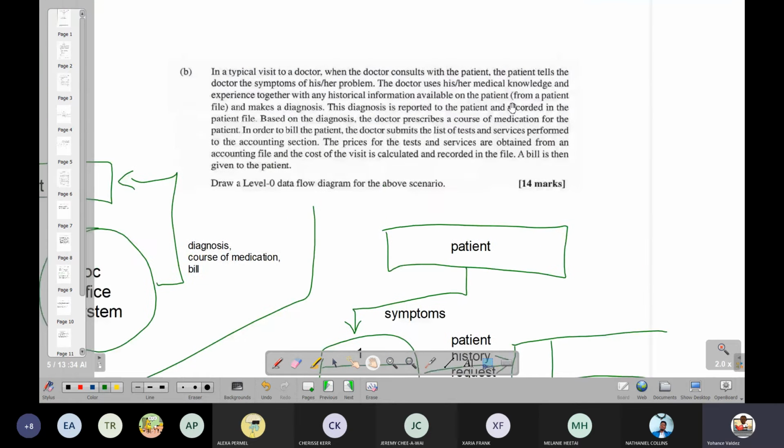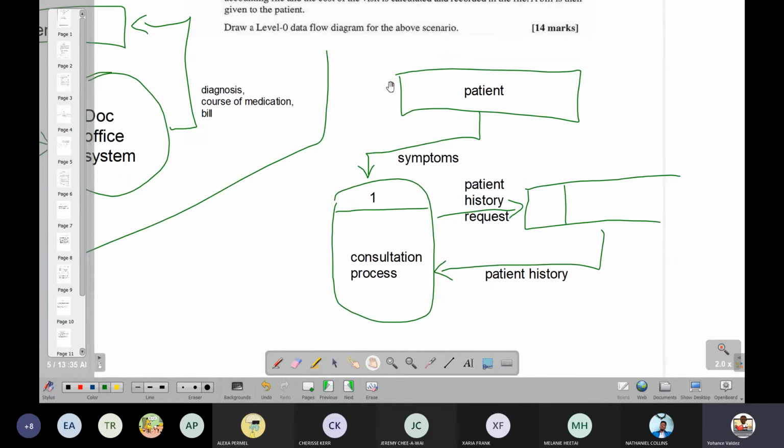Right? And a diagnosis is made, and the diagnosis is reported to the patient and recorded in the patient file. So we're also going to have to update the patient file with a diagnosis update.